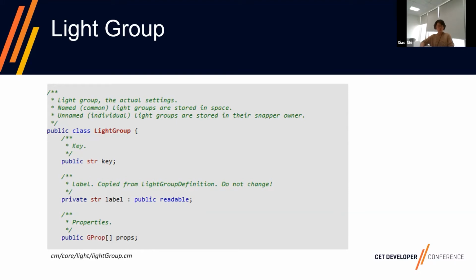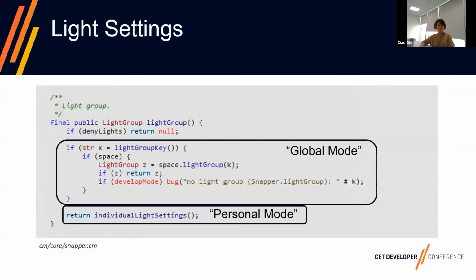So in Snapper, there is actually a method called light group, and that is the way that your own Snapper will reach this third-party class to get the light settings. This one is in snapper.cm, and it's a final method. Unfortunately, you can't override it. Let's see a little bit of this logic. Here, if you're not denied lights, you'll naturally go down.